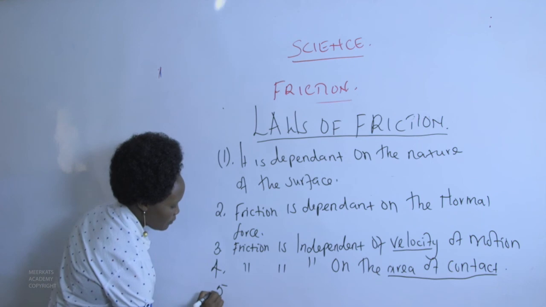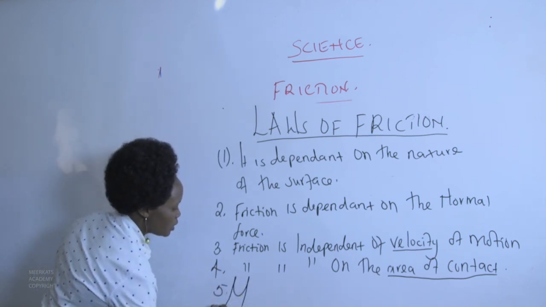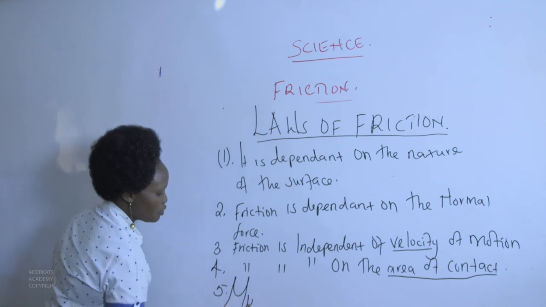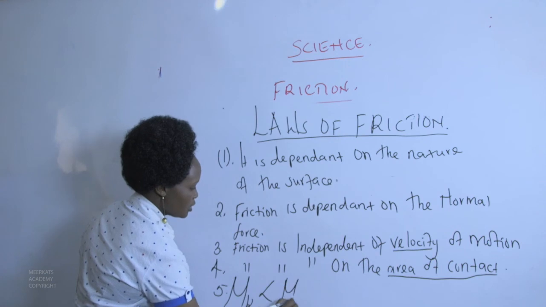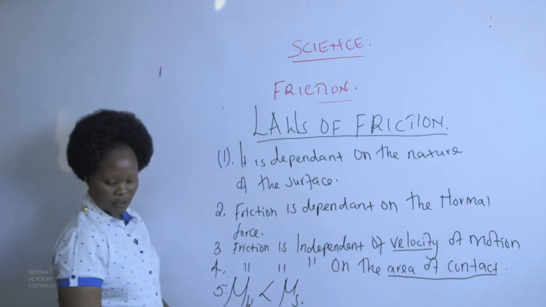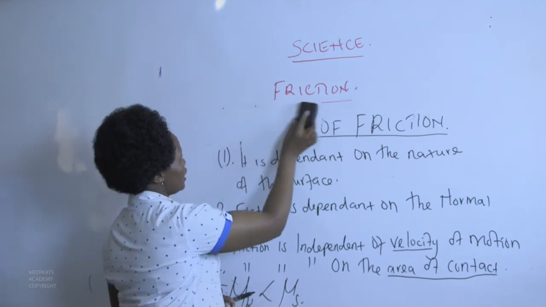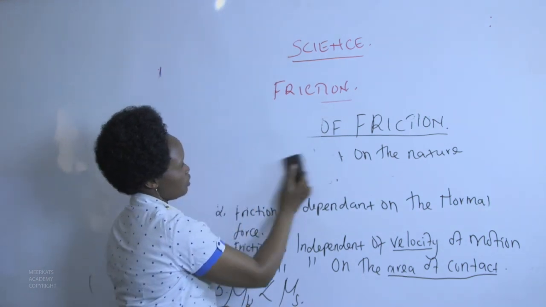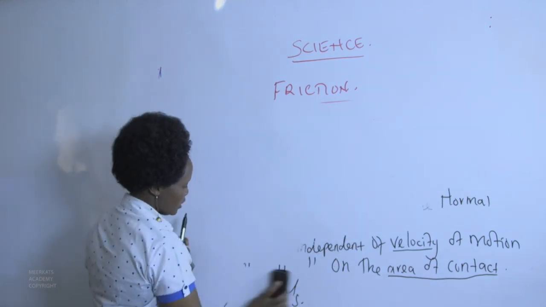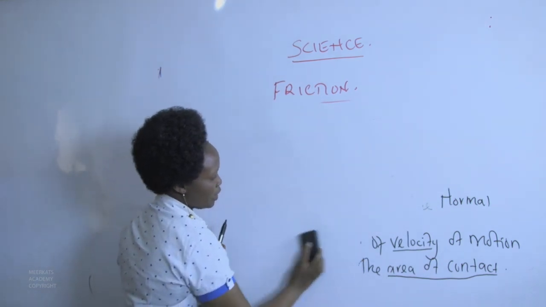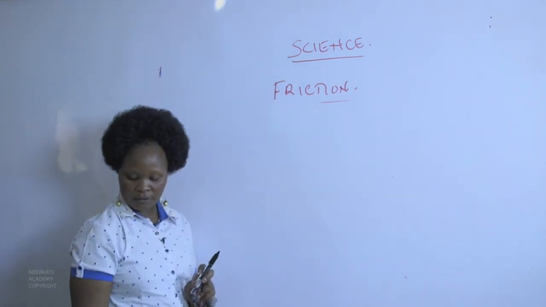And lastly, we have noted that the coefficient of kinetic friction is always less than that of static friction. So now, those are the basic laws of friction, and they dictate the manner in which friction operates between surfaces.